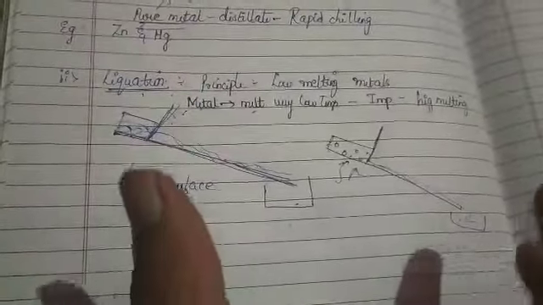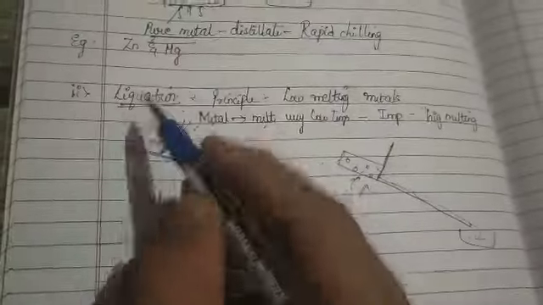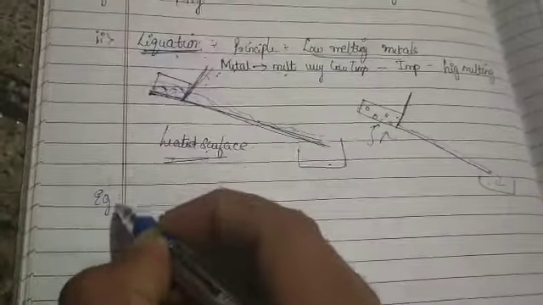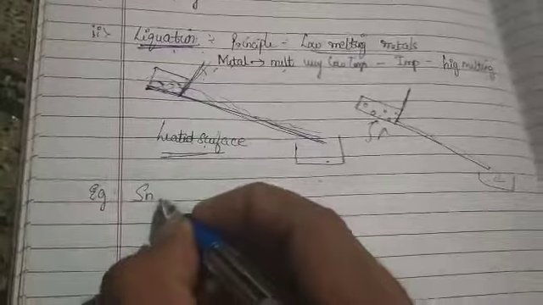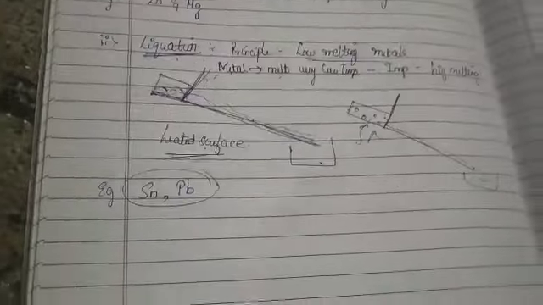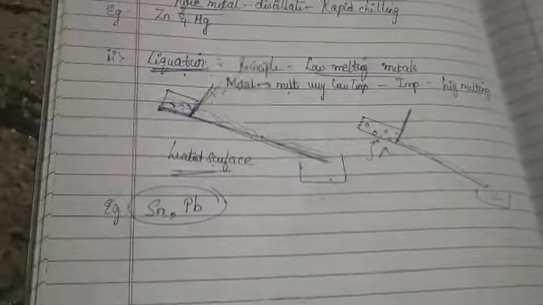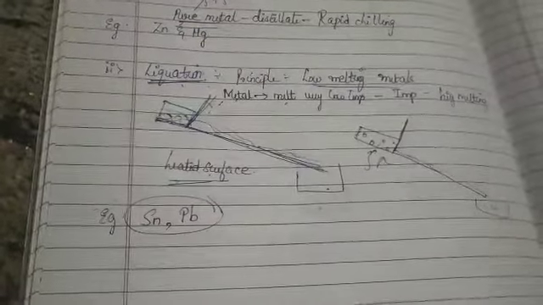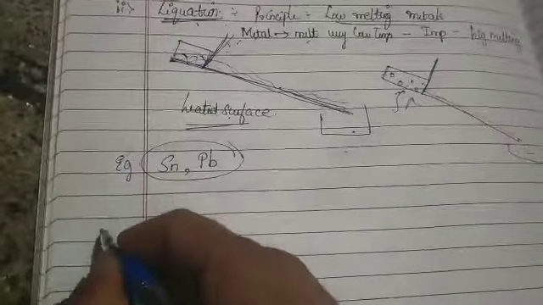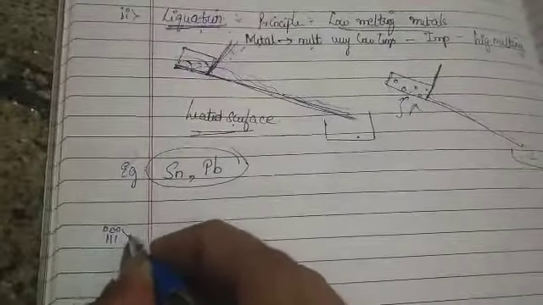This is the main refining technique called liquation, which can be employed only for low melting metals. Examples are tin and lead. These are some examples of low melting metals which can be refined by liquation.